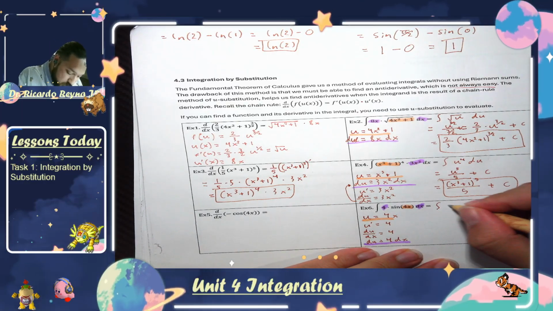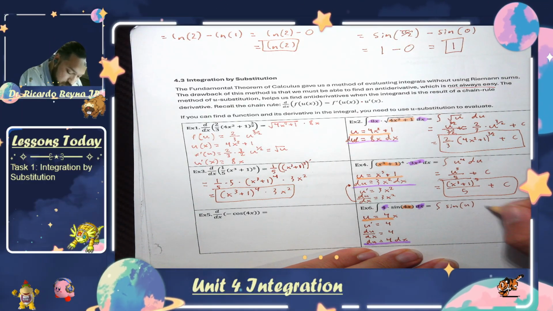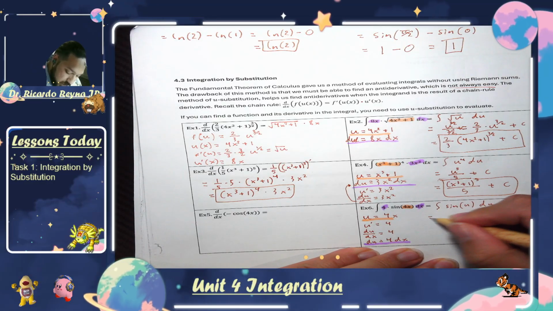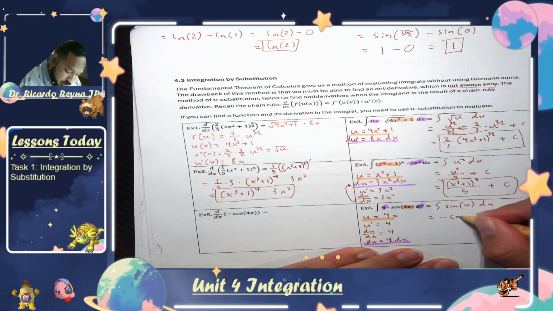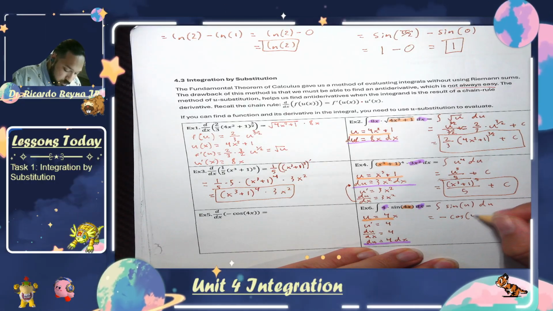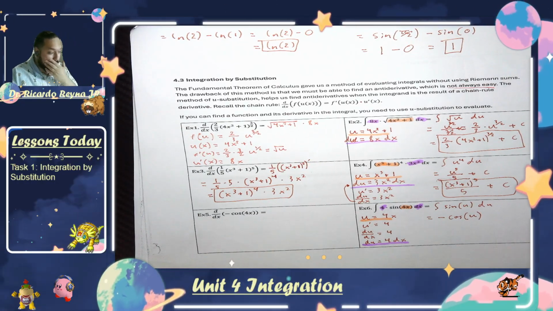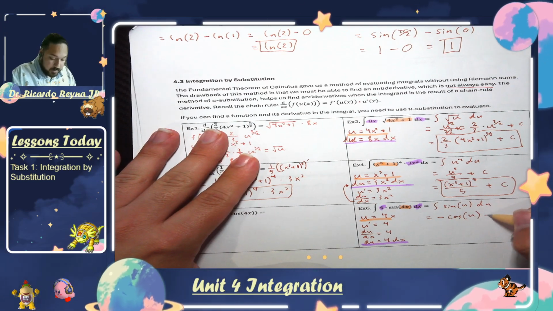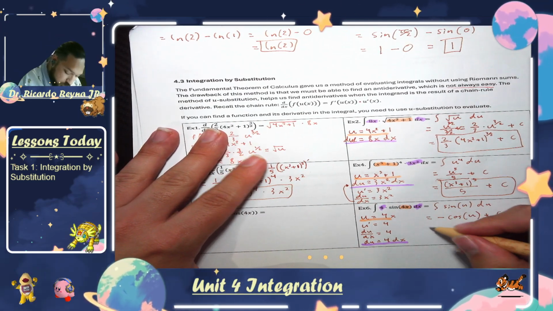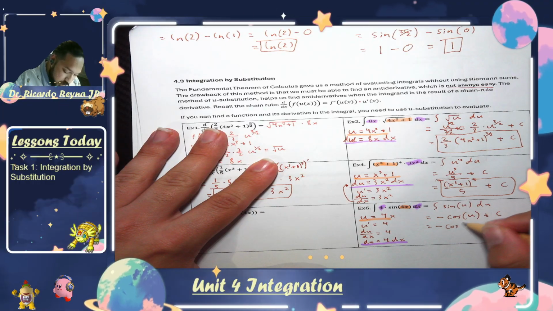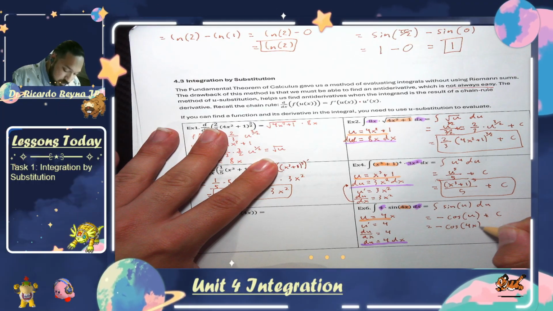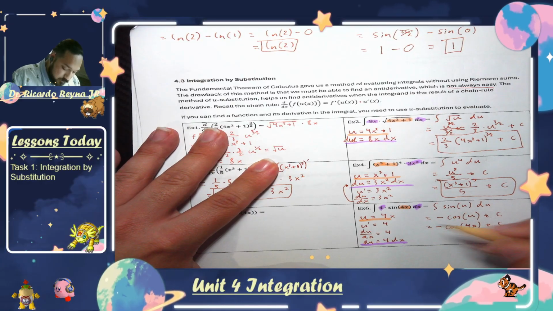So you're left with the integral of sine of u du. That's just negative cosine of u, and then plus c. Then you're going to go ahead and plug in u, which is just negative cosine of 4x plus c.